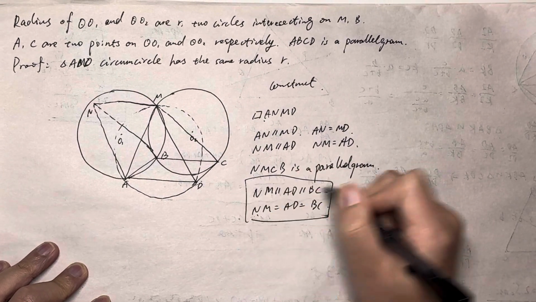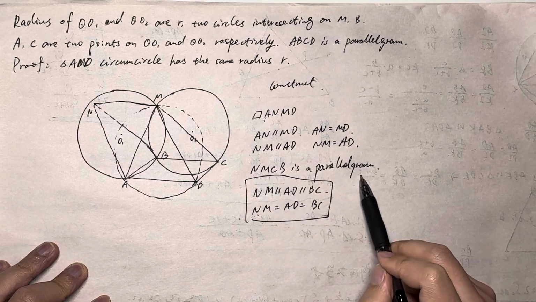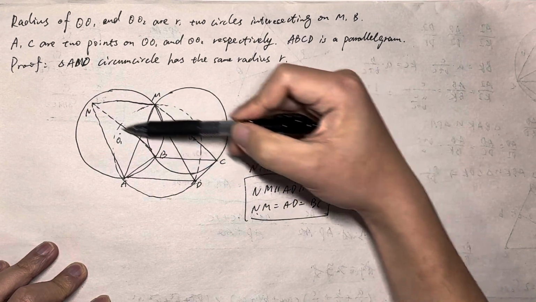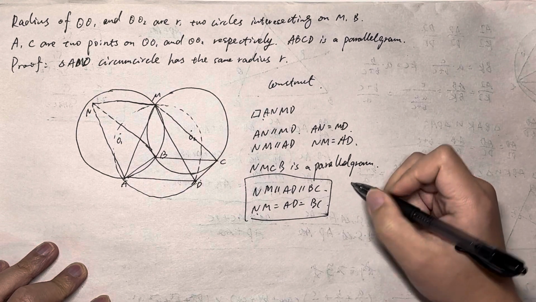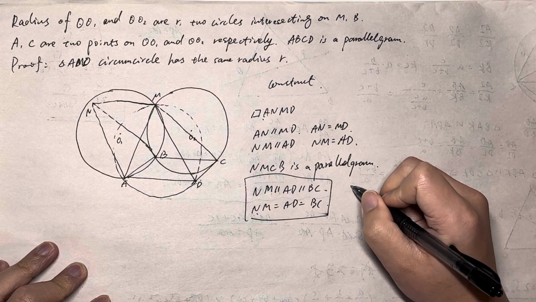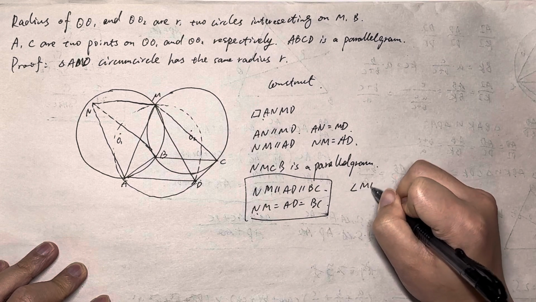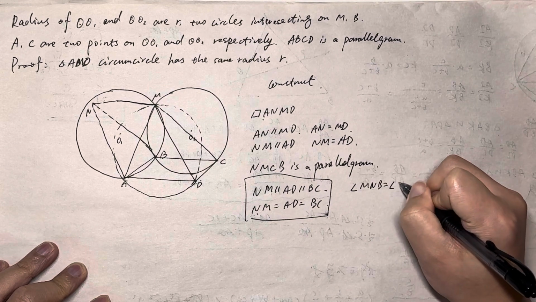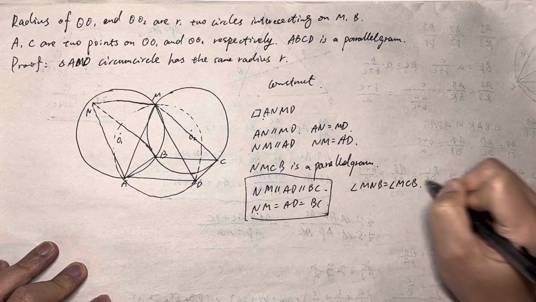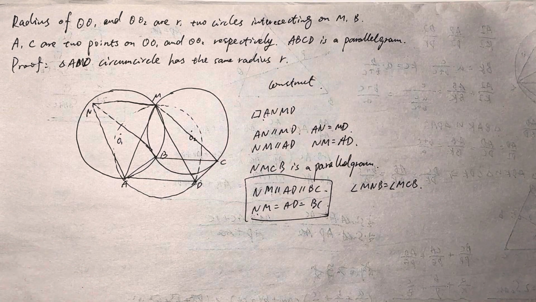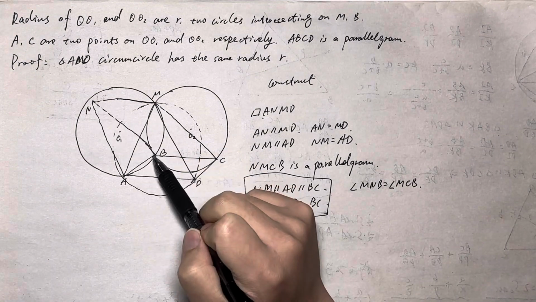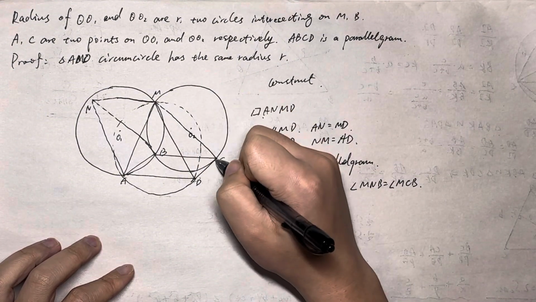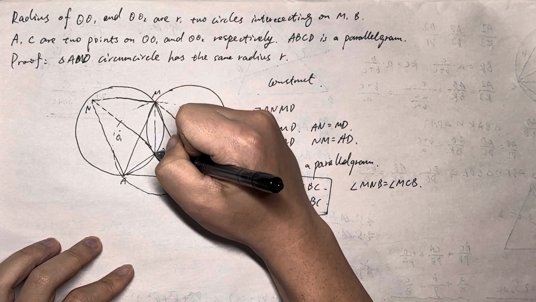Based on this, NMCB is a parallelogram. That tells us that angle MNB equals angle MCB.